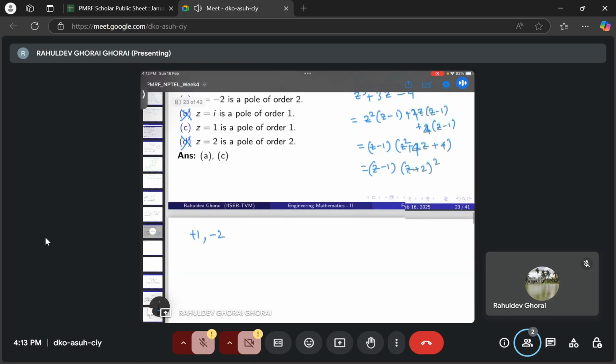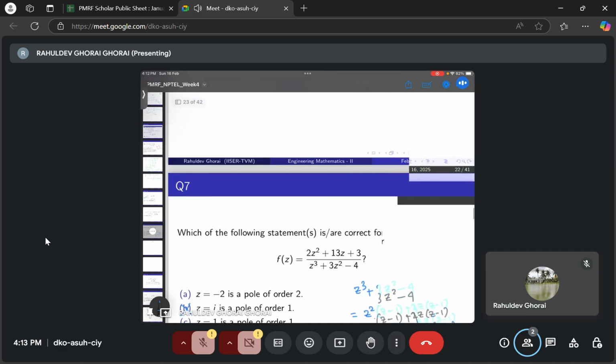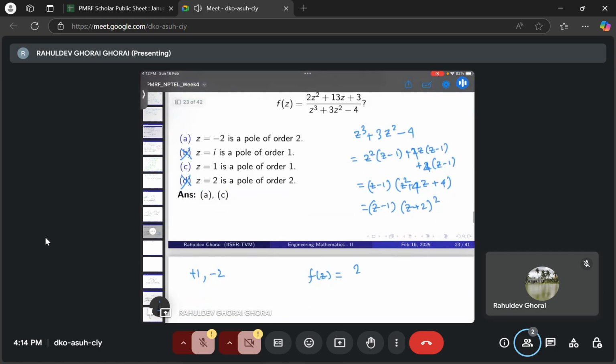So let's now do it. What we have is that f(z) becomes (2z square plus 13z plus 3) over (z minus 1 times z plus 2 whole square), right?